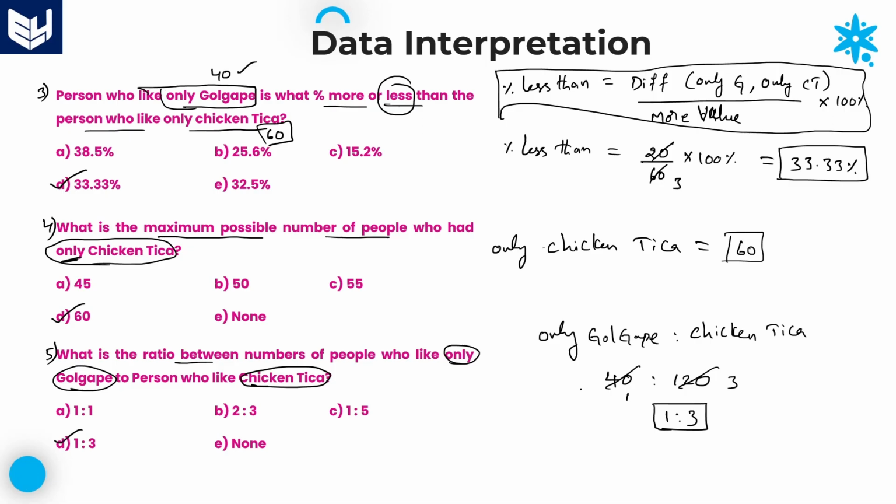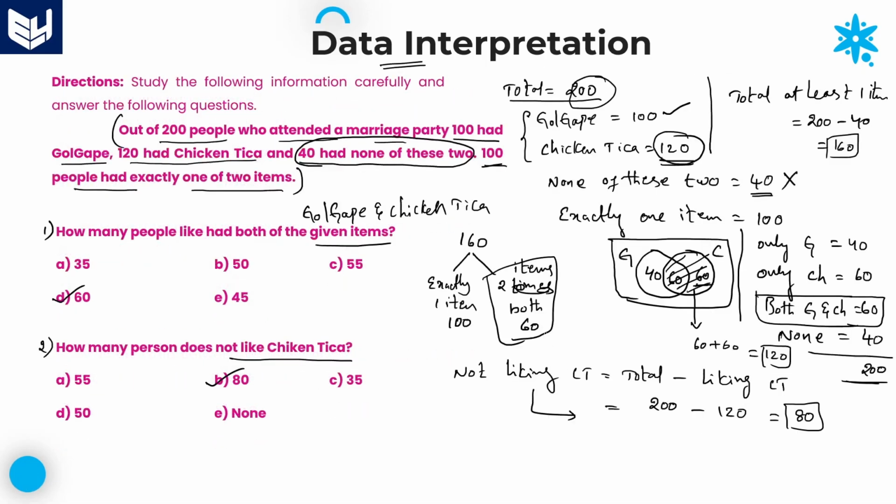Option D. Guys, in this way you need to solve the problems based on this model. Even though the information is very less, you need to do some calculations. It is not that easy a task to get the final result from very little information.